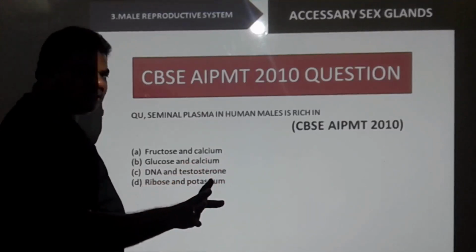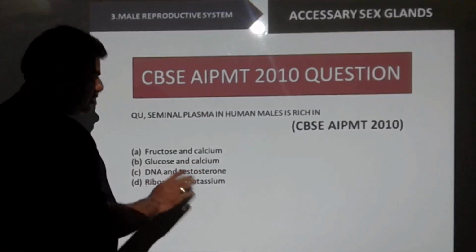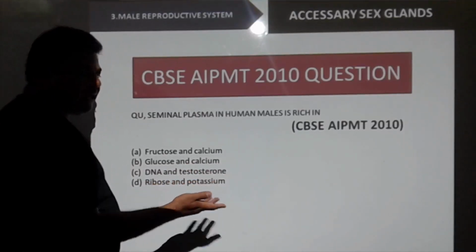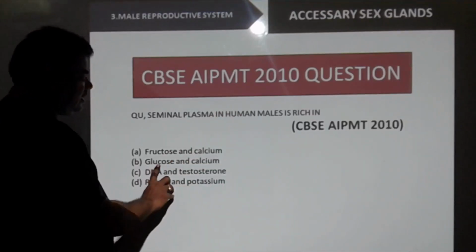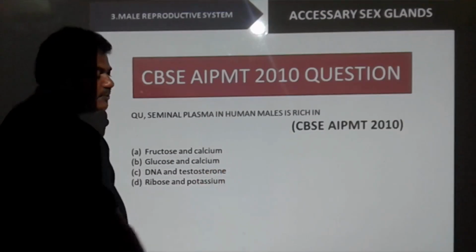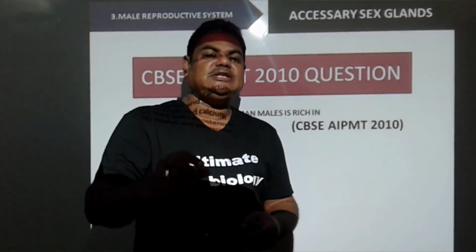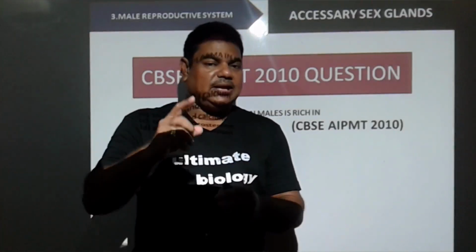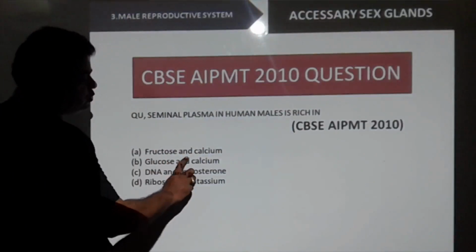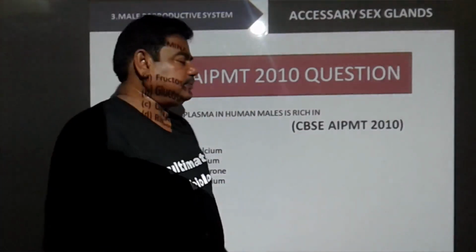DNA, deoxyribonucleic acid, this structure is not present, and testosterone, that hormone, is also not present in that gland. Then glucose and calcium is also not present. Fructose and calcium is present. The seminal vesicle gland releases fructose. Fructose is released in the male body only from the seminal vesicle gland. So the first answer, A, fructose and calcium, is the correct answer.